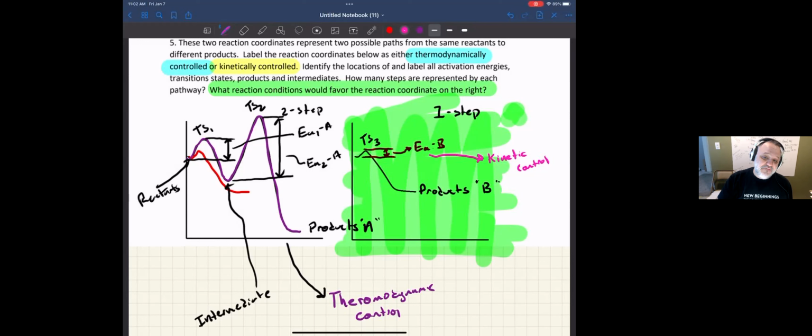Well, if that reaction is kinetically controlled and we keep the temperature down, then particles can overcome the small activation barrier that leads to product B, but those particles get trapped as product B because they can't get back over the barrier. They're able to go over the barrier in this direction, but they get trapped in this well because there's not enough energy at low temperature to go the other direction.